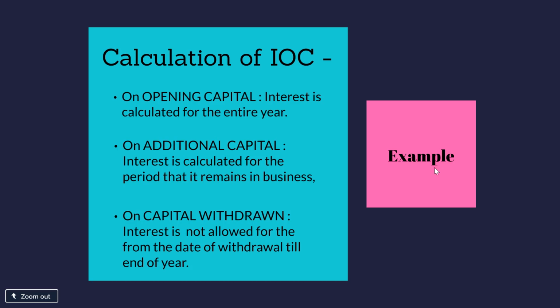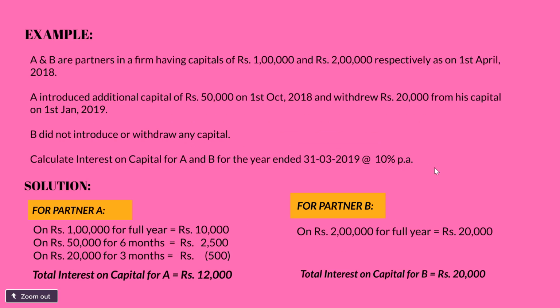I will illustrate this by means of an example. A and B are partners in a firm having capitals of rupees 1 lakh and rupees 2 lakh respectively as on 1st April 2018.